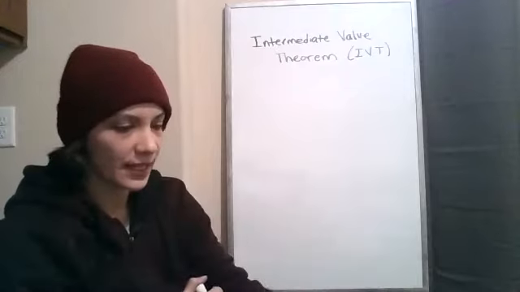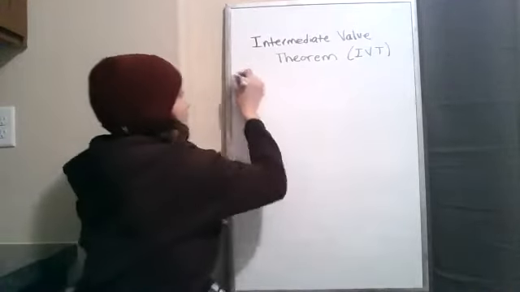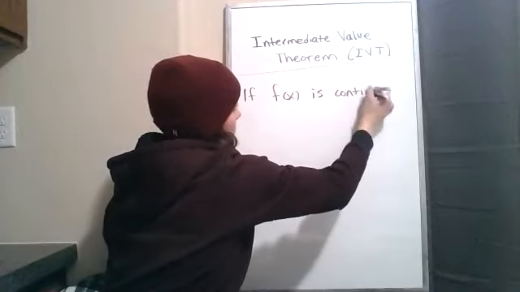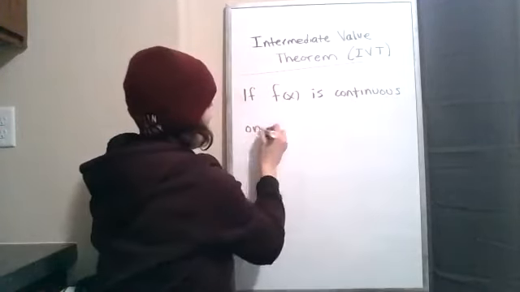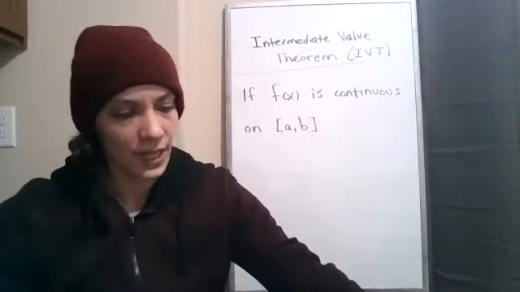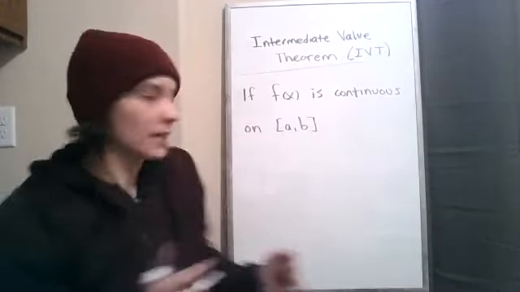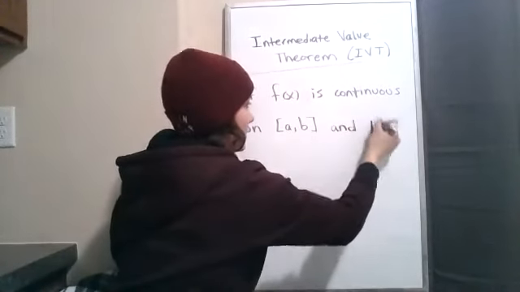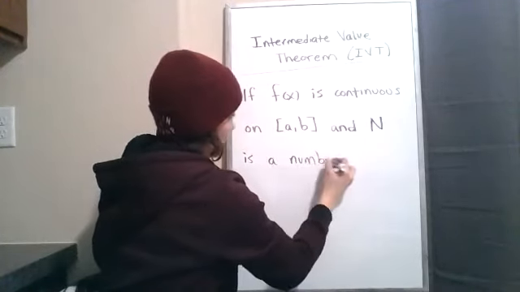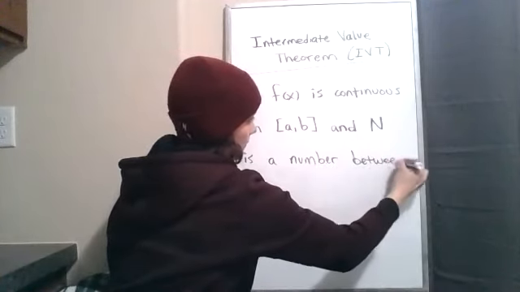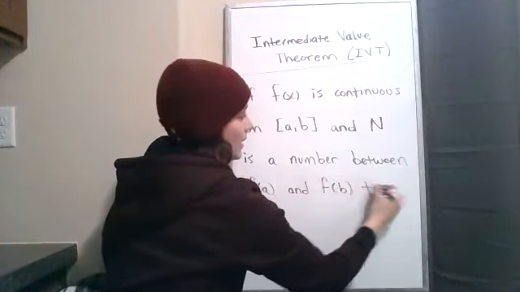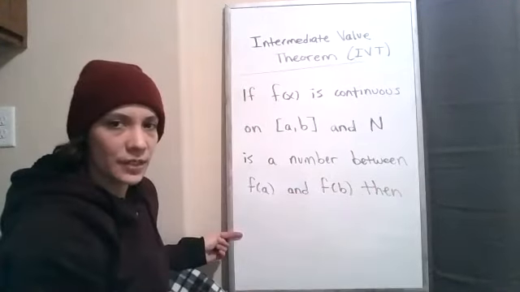Okay, if f of x is continuous on [a, b], and capital N is a number between f of a and f of b, then there exists a real number c.